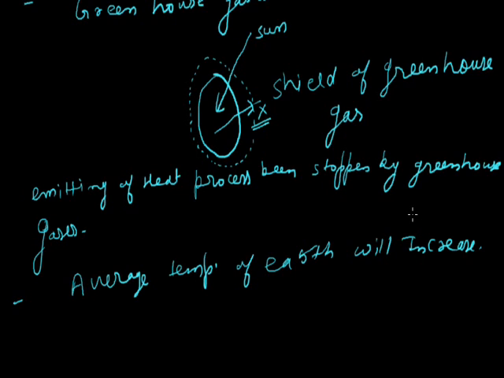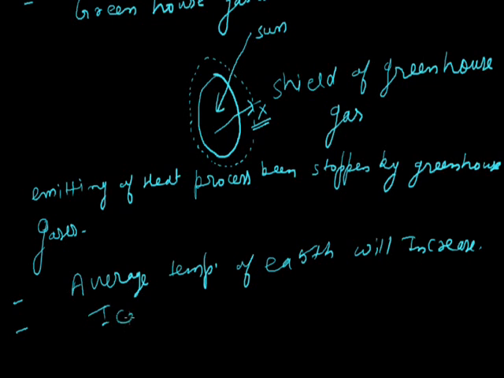So we can simply say that during the greenhouse effect, the temperature of Earth will gradually increase, and whenever it increases, we relate this process to the ice caps.